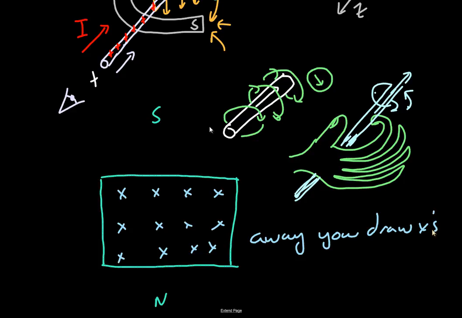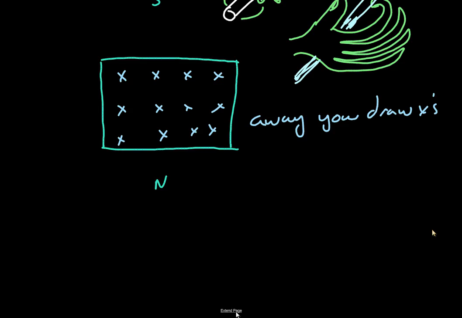A great way to remember that is, let's say you are an archer and you shoot an arrow. If you look at it as it's flying away, you're going to see the feathers of the arrow, and they're going to look like a cross. So away from me looks like crosses.